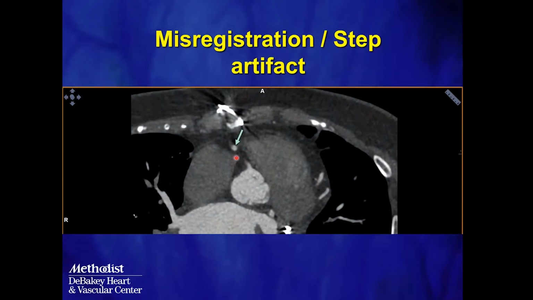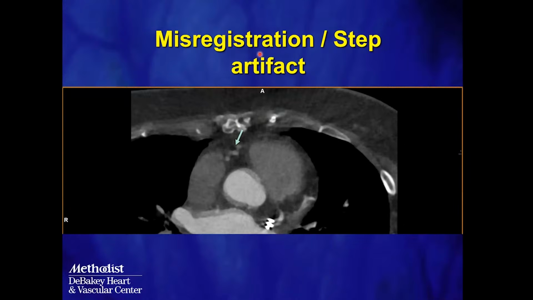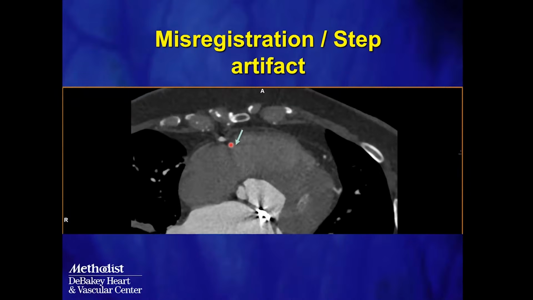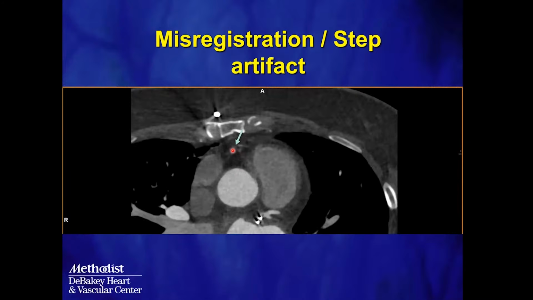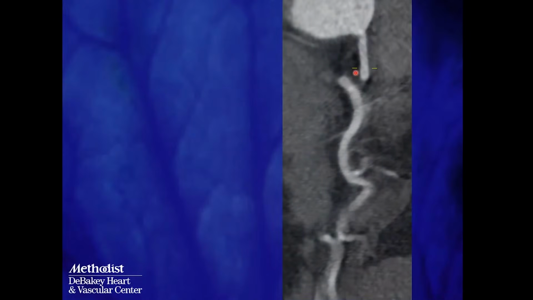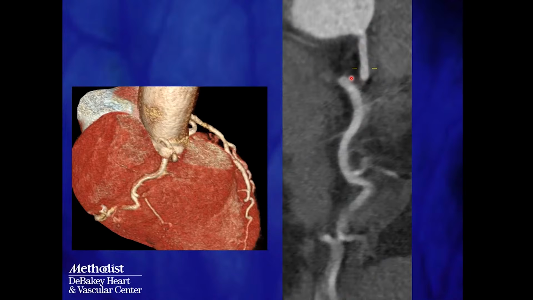But what sometimes happens is that when I'm trying to stitch those images together, I can develop this misregistration or step artifact. What you notice here in this right coronary artery on this axial orientation is this blurriness of the proximal segment, and it almost appears that the artery has jumped out of phase. That's typically what we see on this curved planar reformat, this break in the line of the segment.